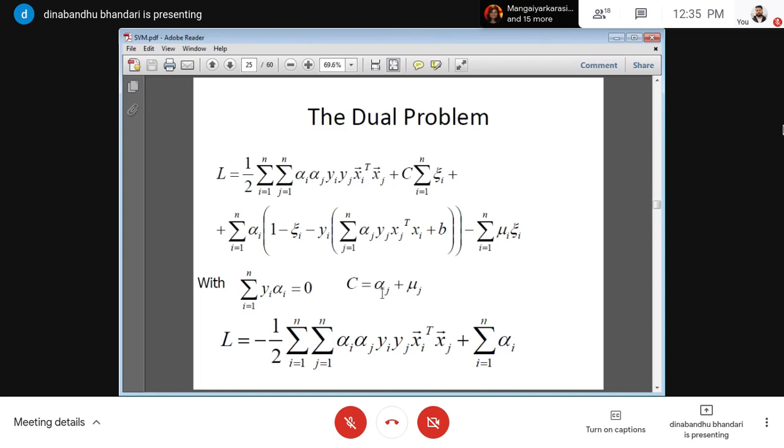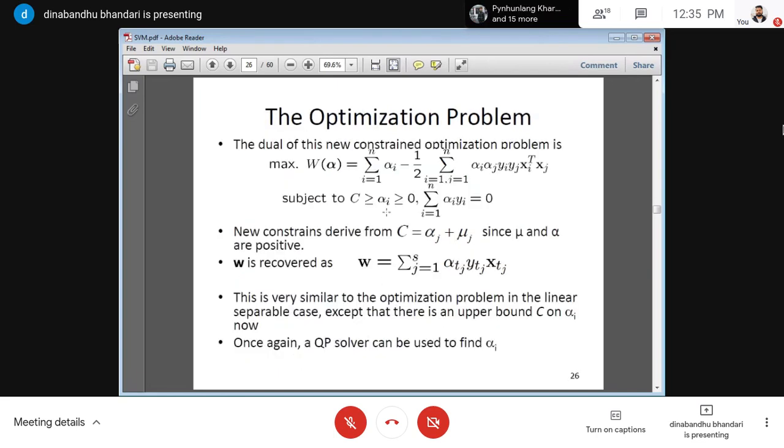So alpha j is positive, but it cannot exceed this limit C, the compromise parameter. The only difference is this one. Earlier, for the hard margin case, the only constraint was alpha i greater than or equal to 0, but for the soft margin case, alpha i has to be less than or equal to the C value.